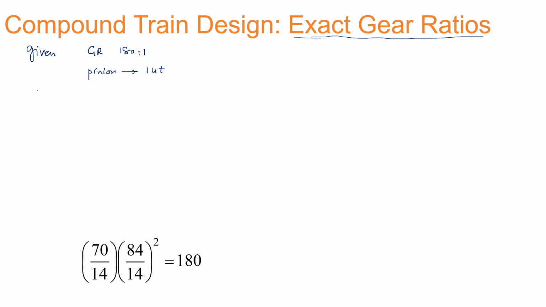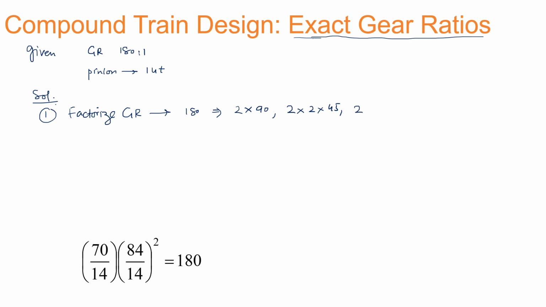So the solution is going to be something like this. The very first stage, I'll try to factorize the gear ratio. If I take 180 as the number, you can have something like 2 into 90, or 2 into 45 alternatively, or you can further factorize 45.